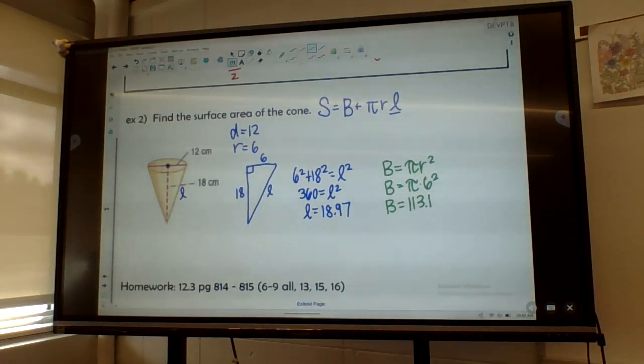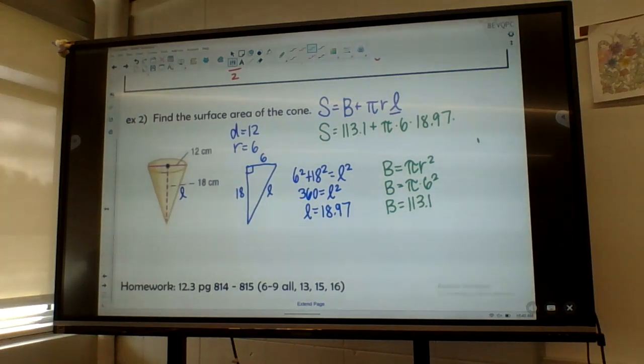So I think I found everything. So I have my B here, plus pi, my R is 6, my L is 18.97. And again, we have to do that all in our calculator.